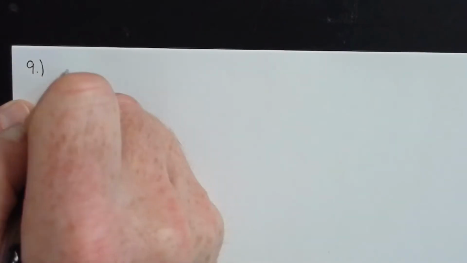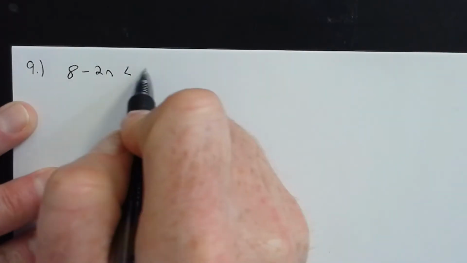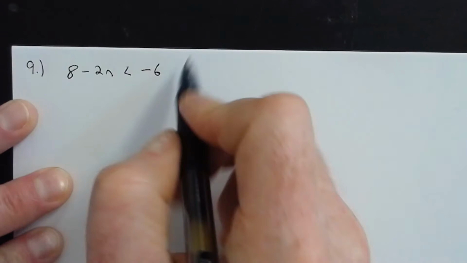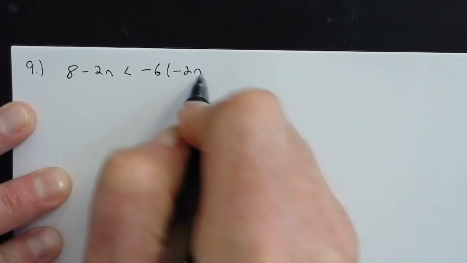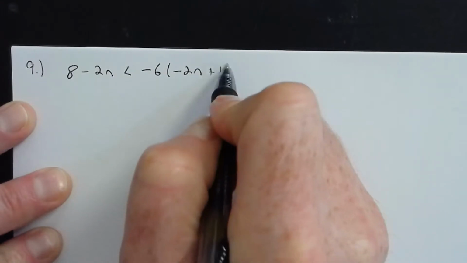So for number 9, this is going to be an inequality. Yes, Mr. Tillis. Yep. So 8 minus 2n is less than -6 times n plus 1.